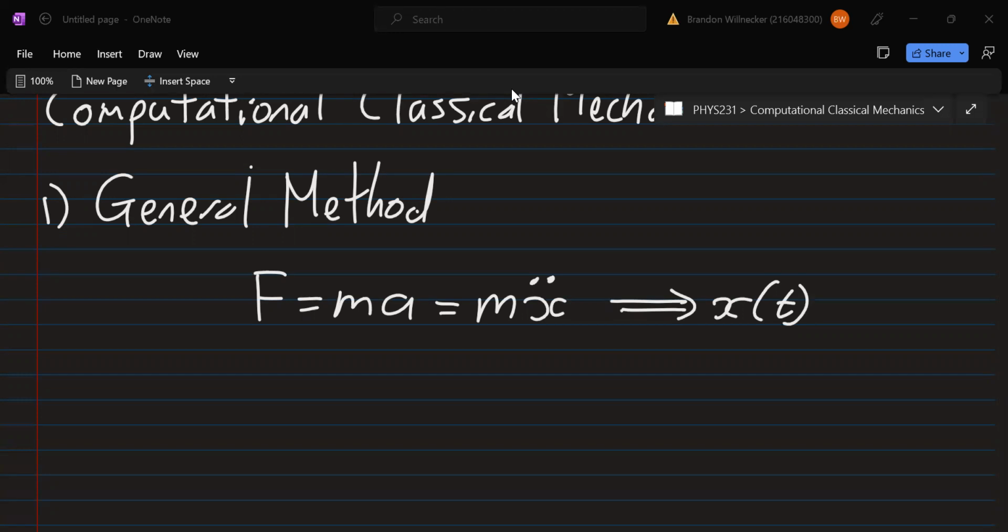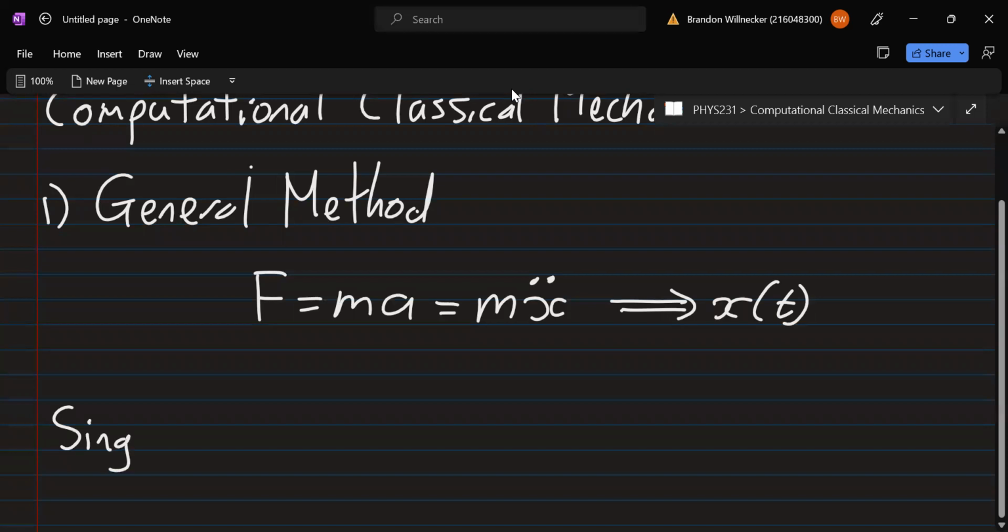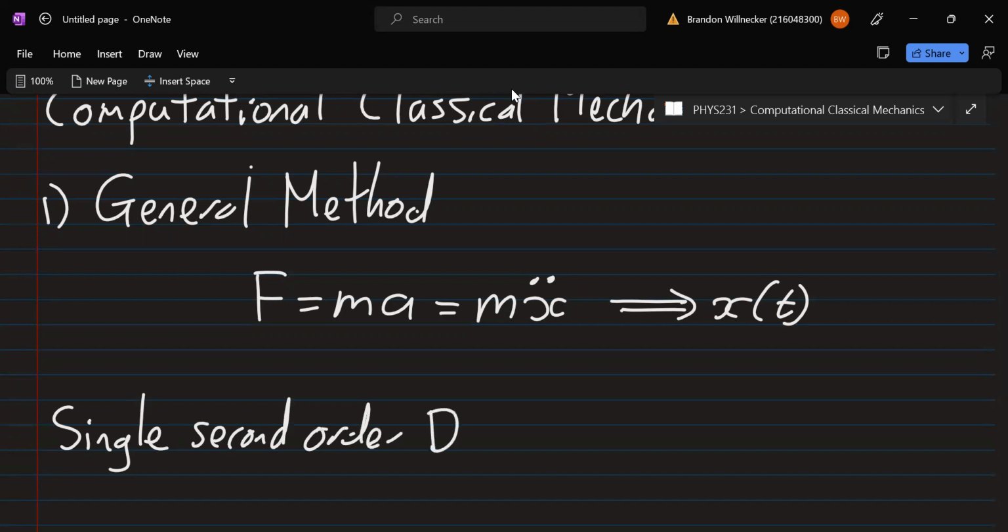Well, the way we do it is by taking this single second order differential equation and breaking it up into two first order differential equations.